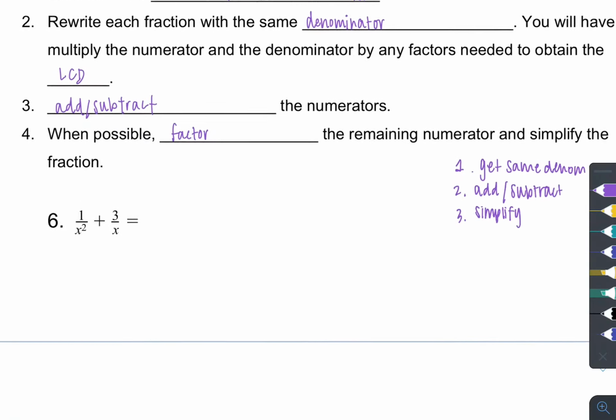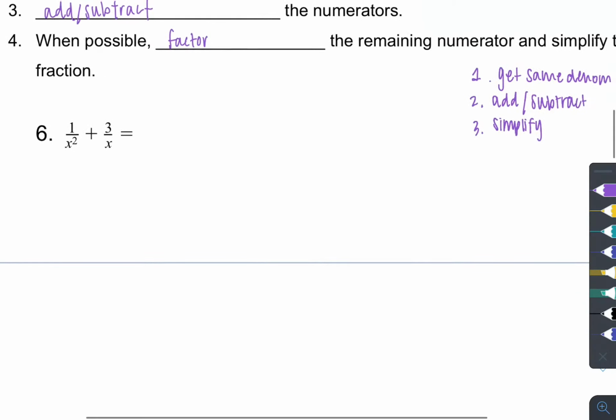Okay, so first here we can see that we don't have the same denominator. I have a denominator of x and of x squared. So between x and x squared, my least common denominator is going to be the number that multiplies to be the smallest thing.